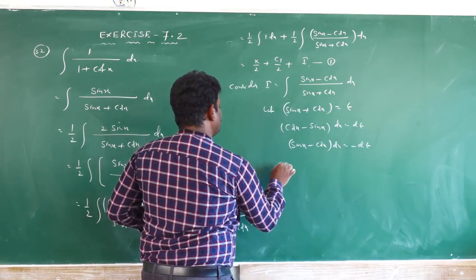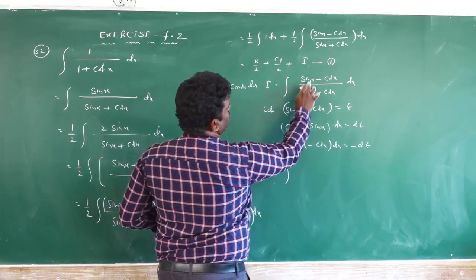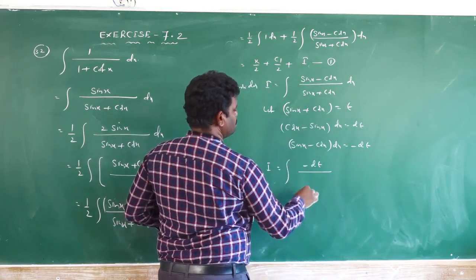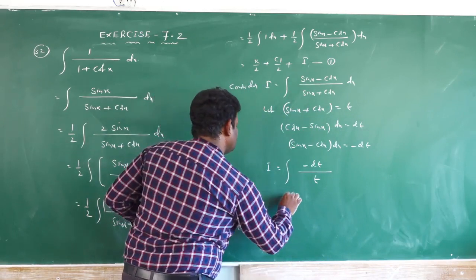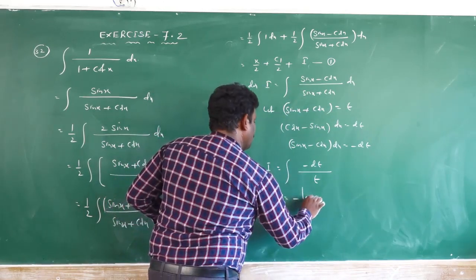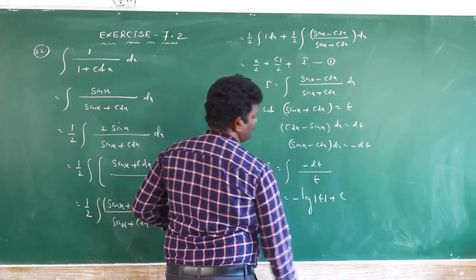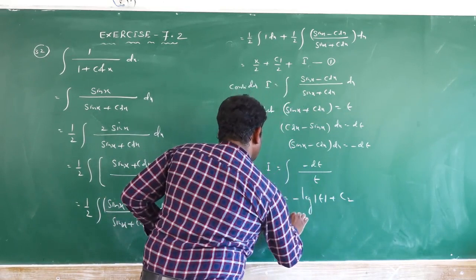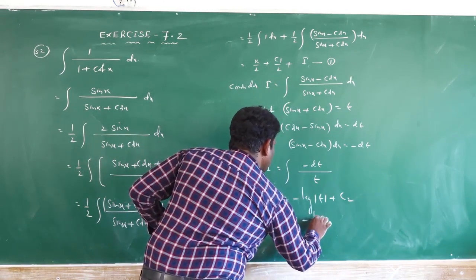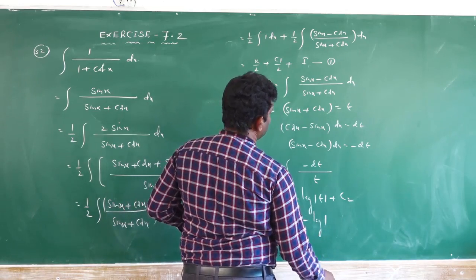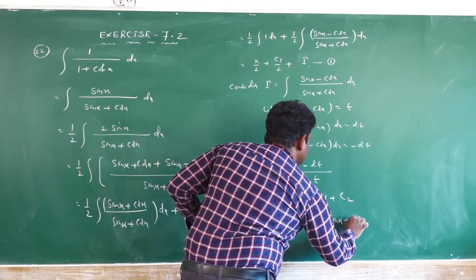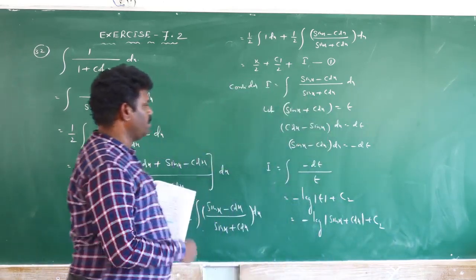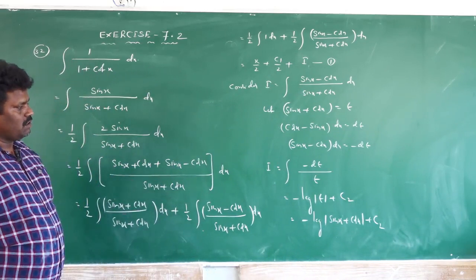So above we substituted: I is equal to integral of minus dt by t, which is minus log t plus c2, where t is equal to sin x plus cos x. So I is minus log of sin x plus cos x plus c2.